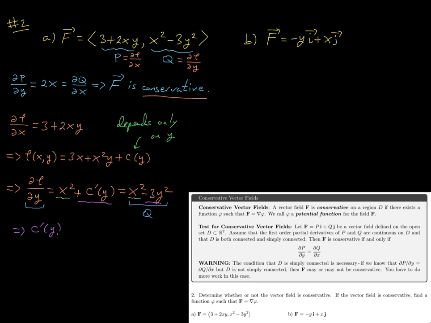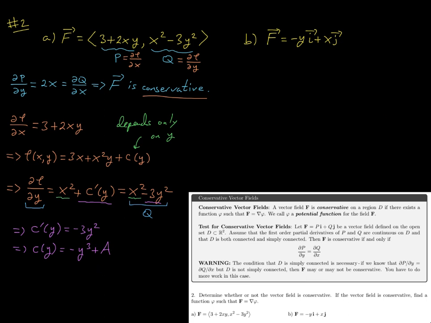So if c prime of y is minus 3y squared, then c of y, being the antiderivative here, would be minus y cubed plus some constant. I don't want to use c because I already used c up there, so I'll just say a for some constant.